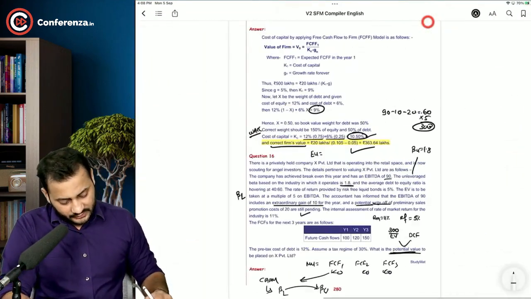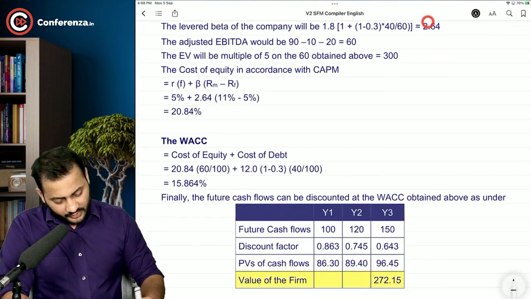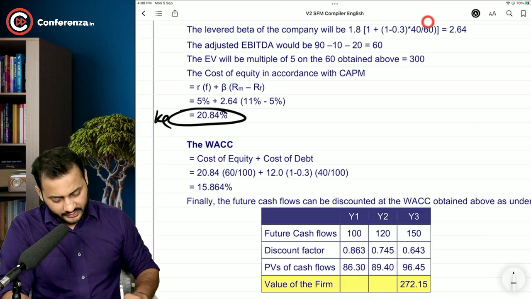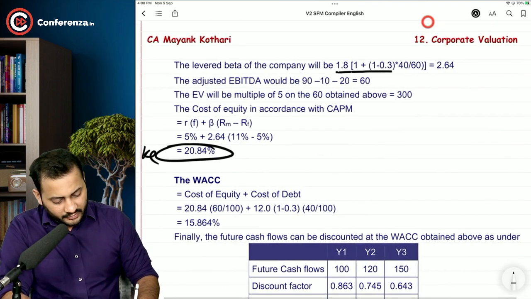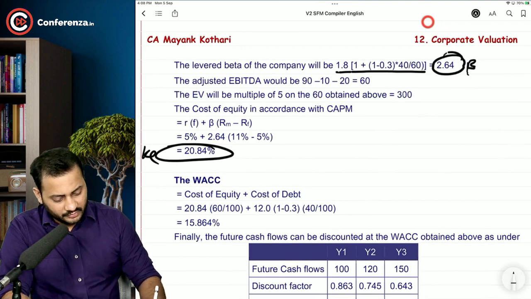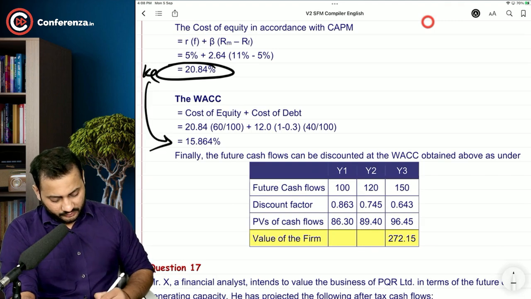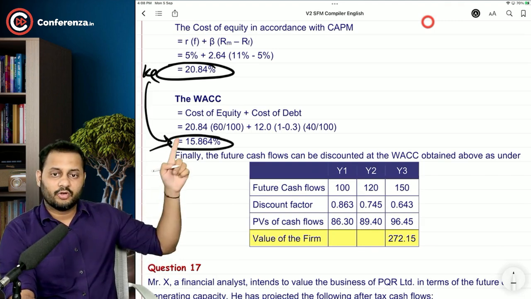Let's have a look if there is a variation in the answer that we have calculated. So 20.84, do you agree with this? 20.84 is the cost of equity, and this cost of equity is calculated using the levered unlevered formula first, which is 2.64. This is beta levered. Once you put down this cost of equity here, you will get the final cost of capital.